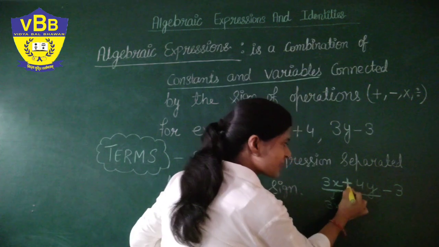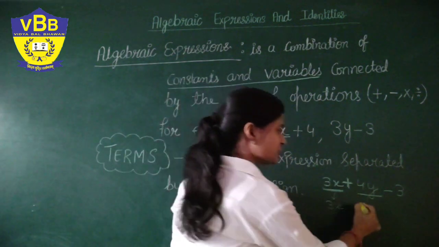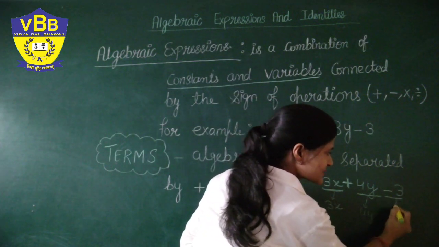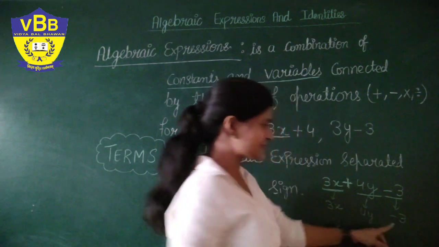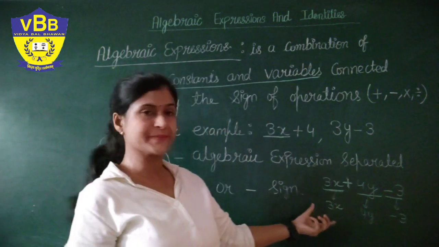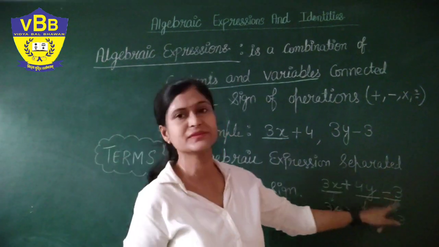When we get a plus sign, it is a break. The second term is 4y, and the third term is minus 3, with the sign. So in this algebraic expression, how many terms are here? Here are 3 terms.